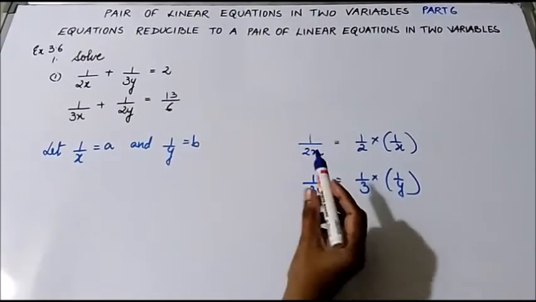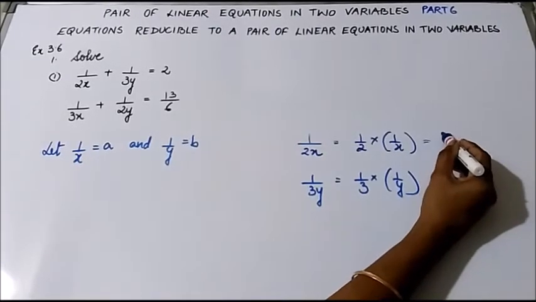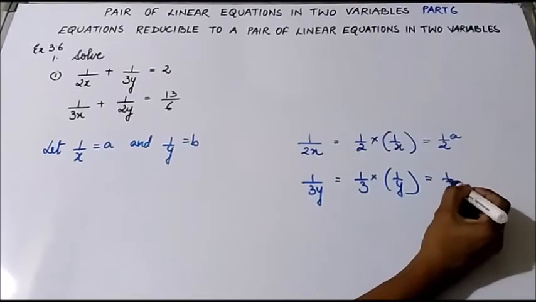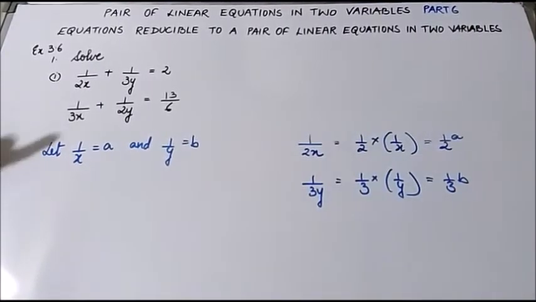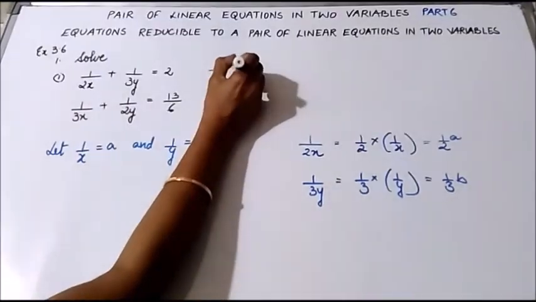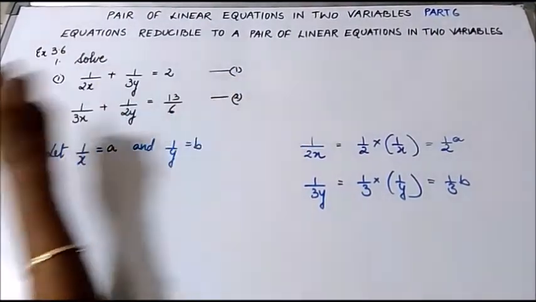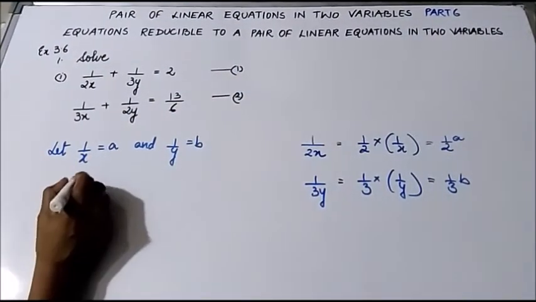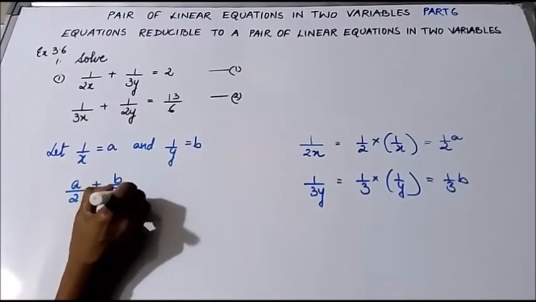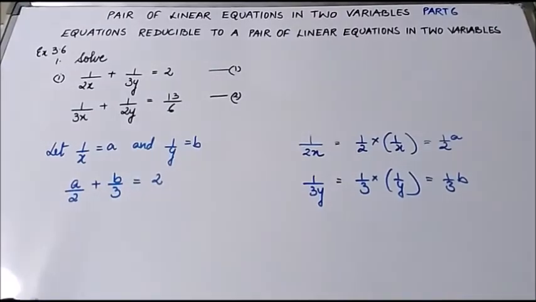So in this case, what does this become? This becomes 1 by 2 into a, and this will become 1 by 3 into b. So here we write equation 1 and 2. Equation 1 will reduce to a by 2 plus b by 3 is equal to 2.